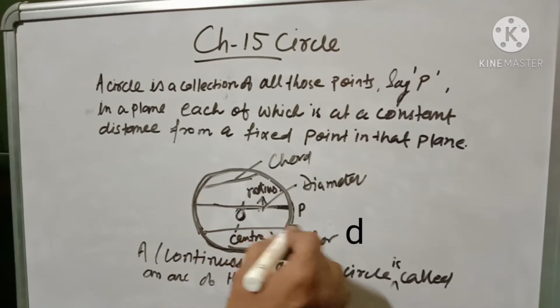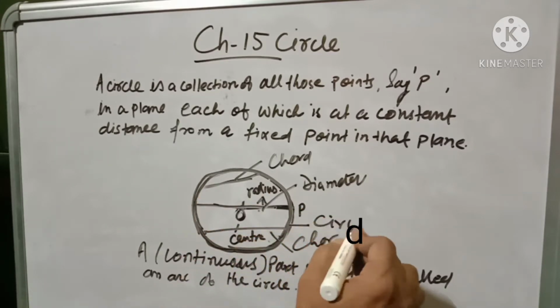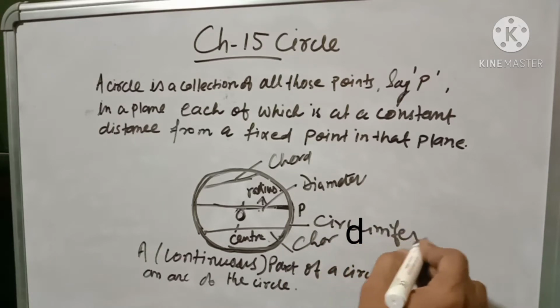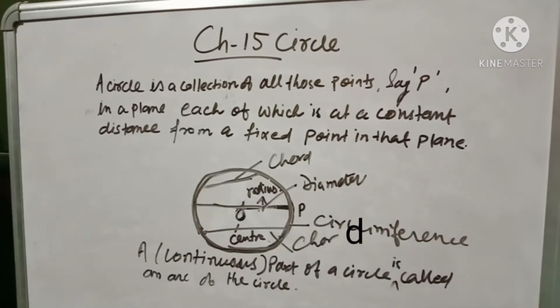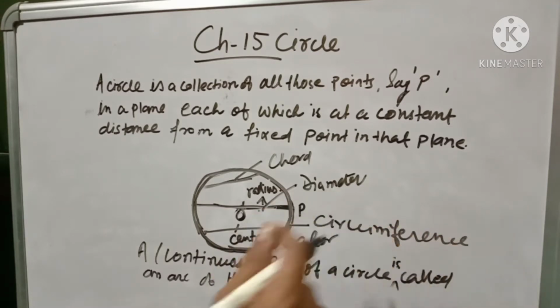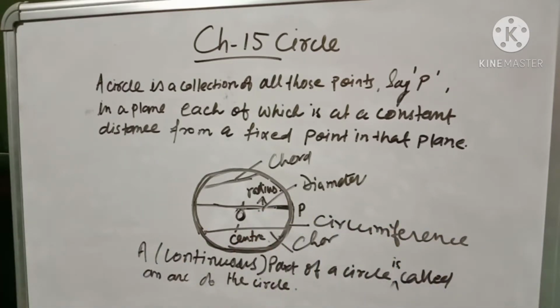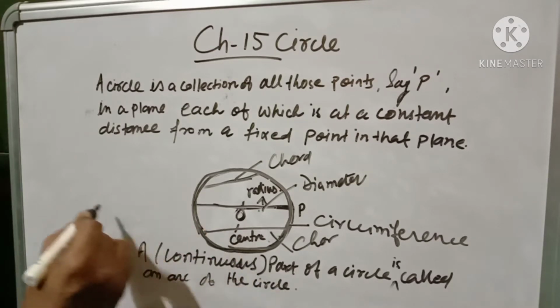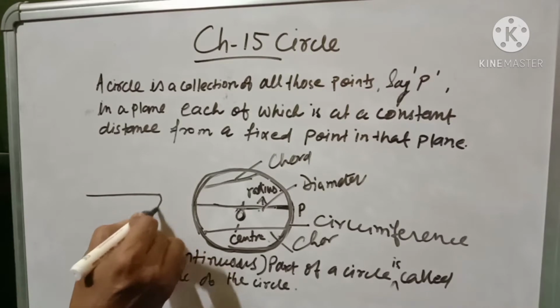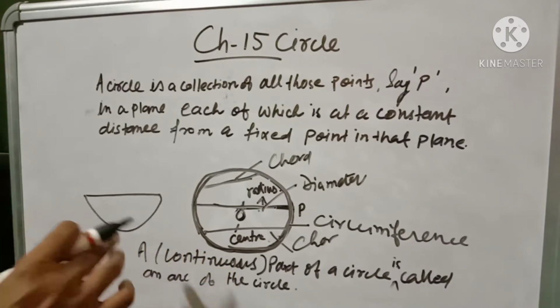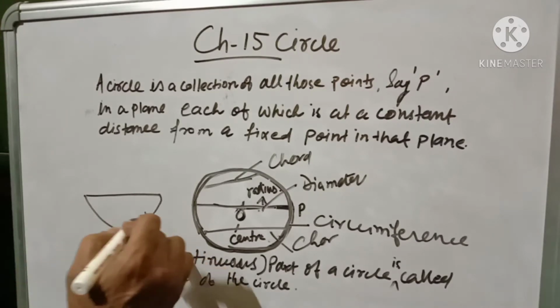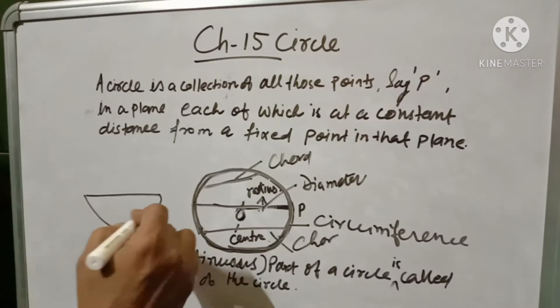Half of the whole arc is known as a semicircle.